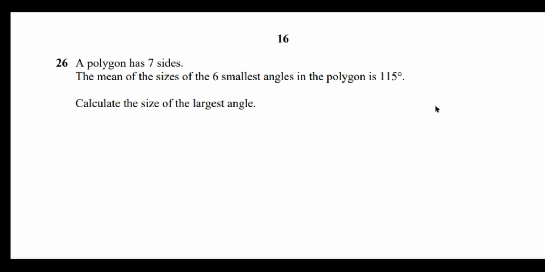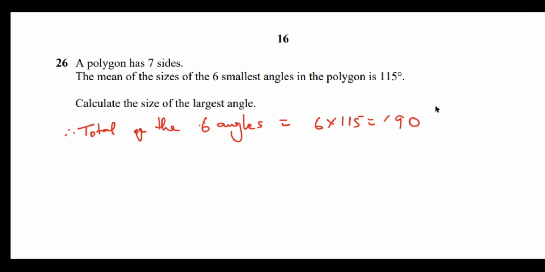It simply means that the total of the 6 angles will give you 6 times 115. I write 0, 3 times 6 is 18, which gives us 690 degrees.